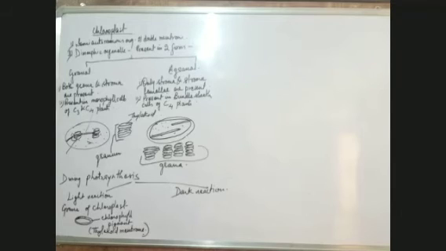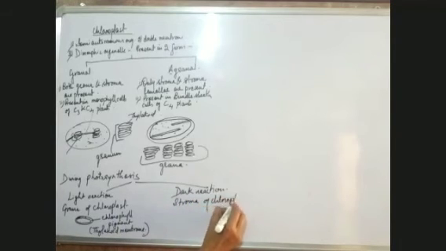So the light reaction takes place in the grana of chloroplast, whereas the dark reaction takes place in the stroma of chloroplast. To accomplish this dark reaction, all the enzymes for the dark reaction are required.